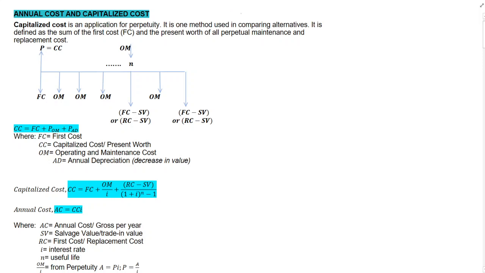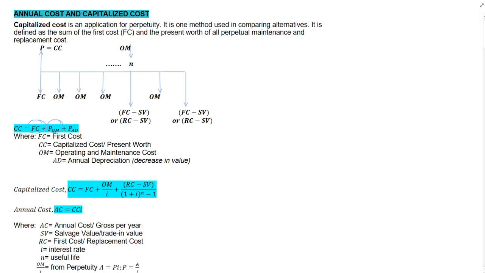The formula for your capitalized cost is equal to your first cost plus the present worth of your operating and maintenance cost plus the present amount of your annual depreciation. Your depreciation there is the decrease in value of a property or any equipment.